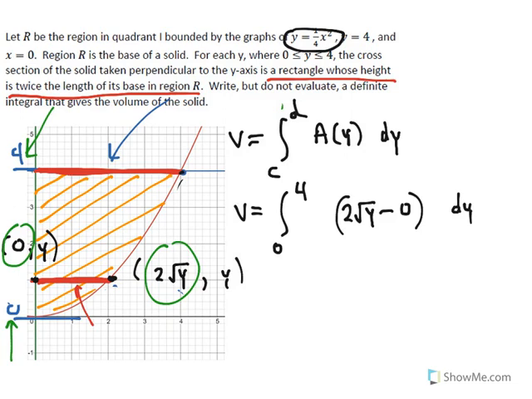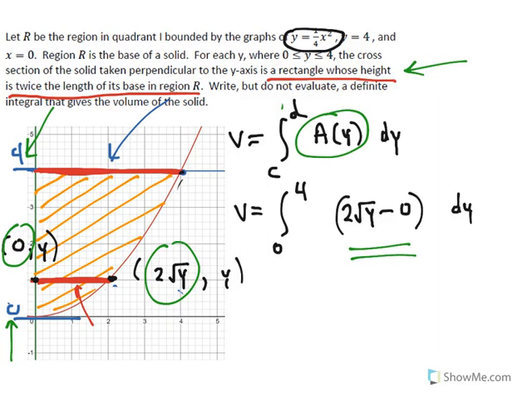But what we need for the integrand is the area of each cross-sectional surface. So how do we get that? Well, knowing this is a start, but now we have to go back to the problem statement, which states that each cross-section perpendicular to the y-axis is a rectangle whose height is twice the length of its base in region R. What that means is the height of the cross-sectional surface depends on which cross-sectional surface you're looking at.